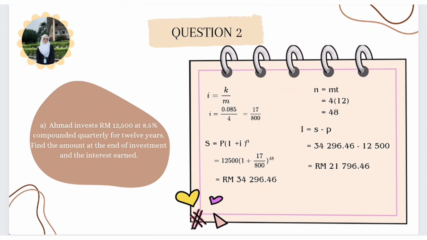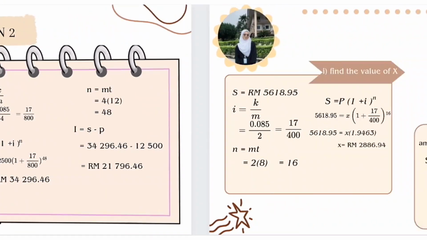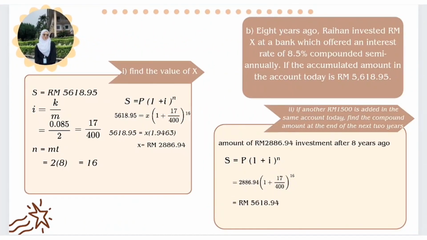The formula is I equals S minus P. So RM34,296.46 minus RM12,500 equals RM21,796.46.